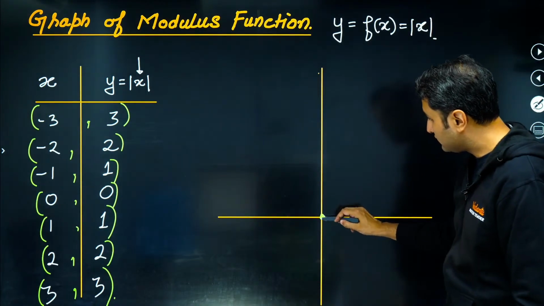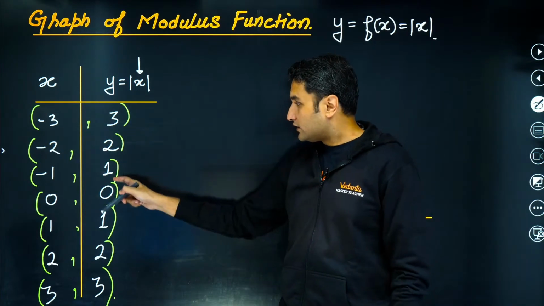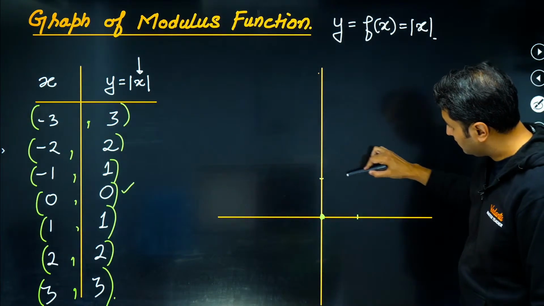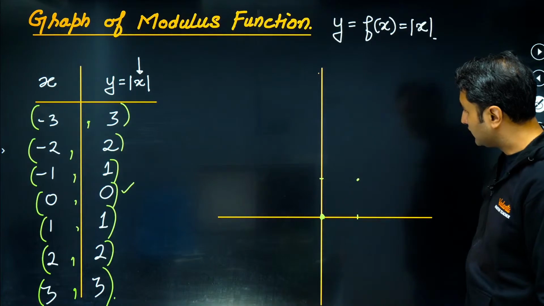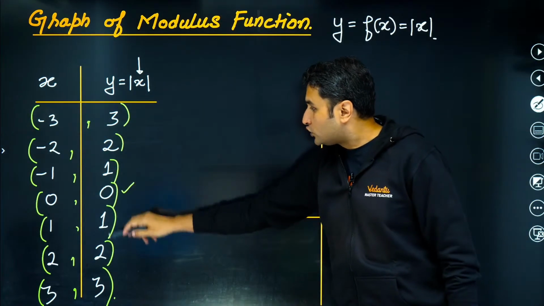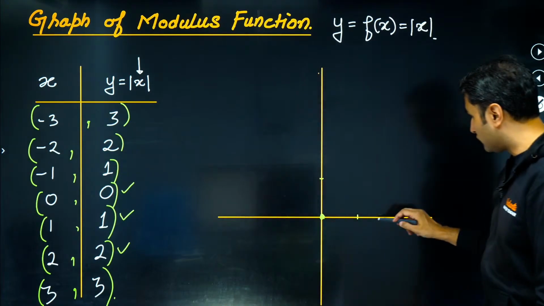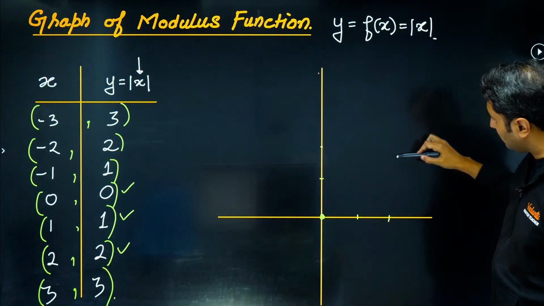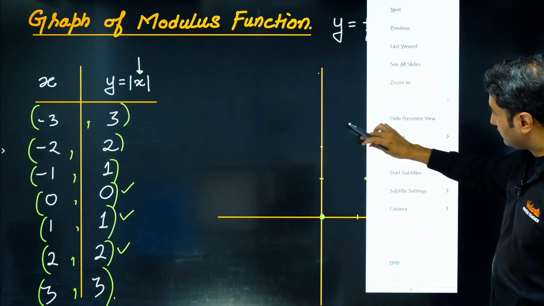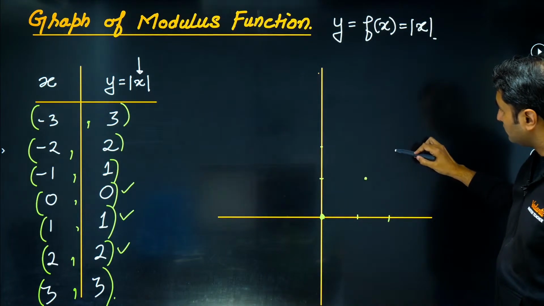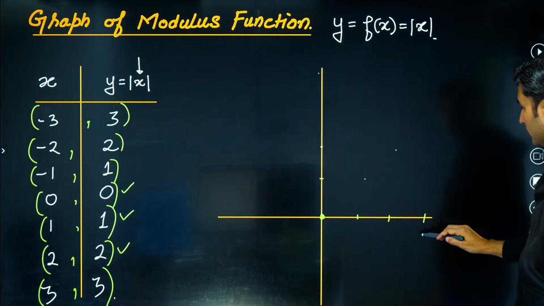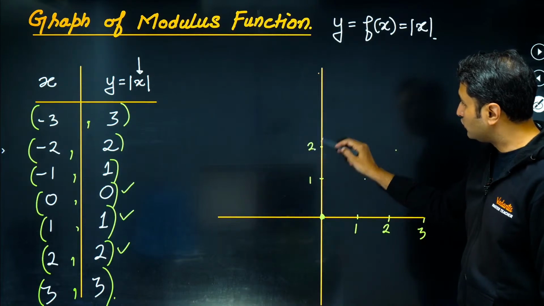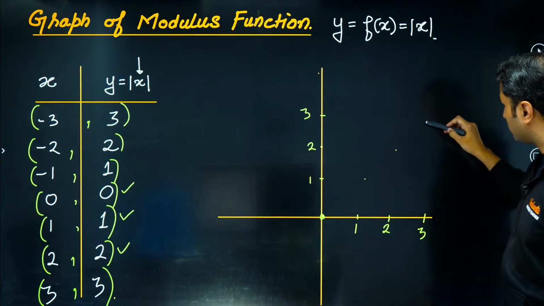Agree? If you plot these numbers, the kind of graph that you are going to get passes through the origin, 0, 0, then 1, 1. So when you have 1, this is also 1. Then 2, 2. So when you have 2, this is also 2. And similarly 3, 3 will be somewhere here.